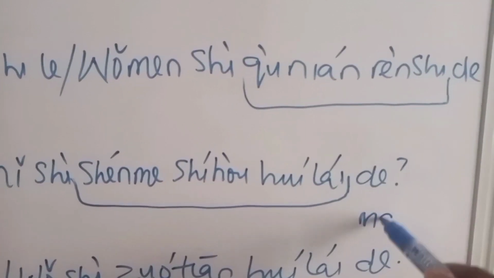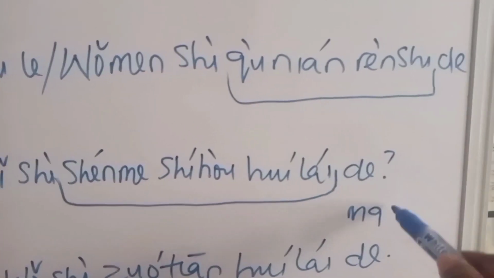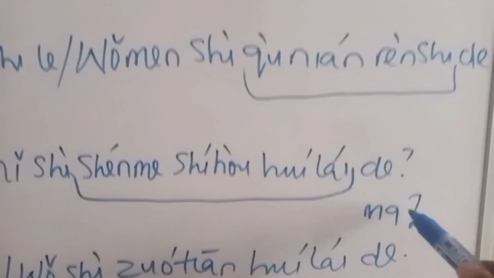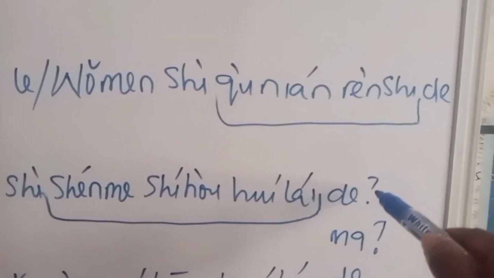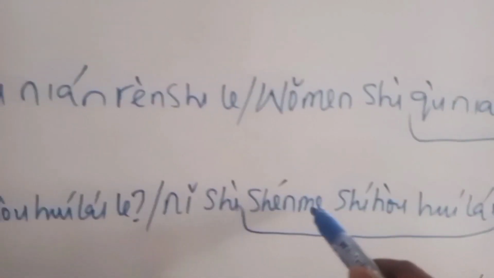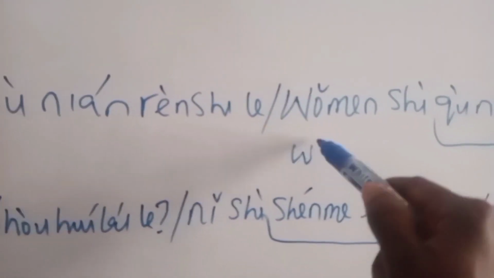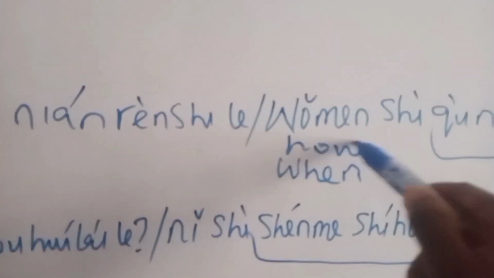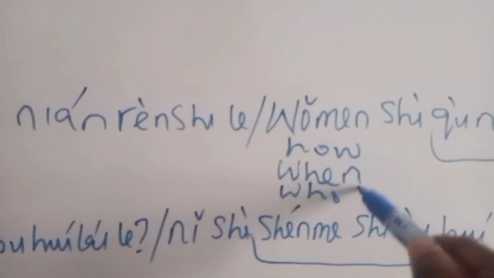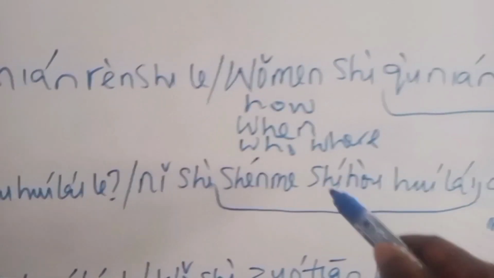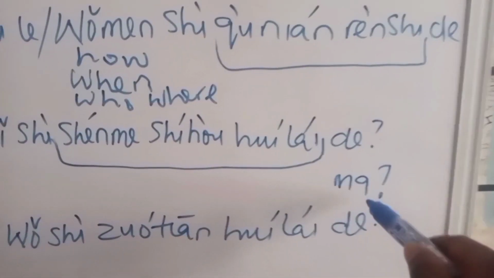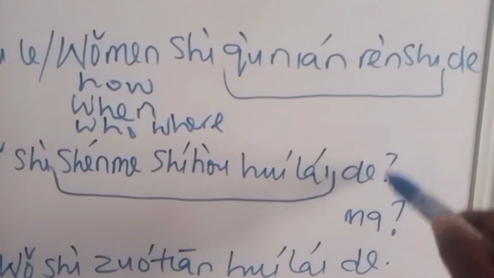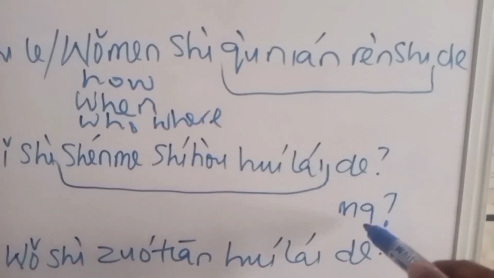You know that ma is a question marker. Like I said, that ma means question. But we did not put ma after the de because this is 什么时候. 什么时候 means when. So when is already a question. If you have when, how, who, where in a sentence, you do not need the question marker. That is the reason why we did not end this sentence with ma.